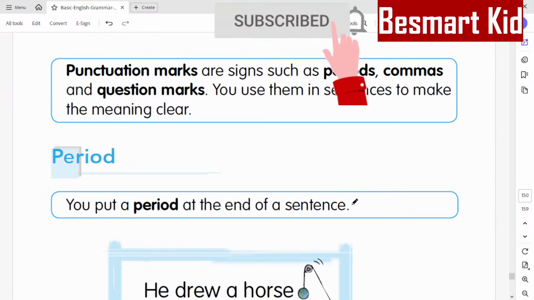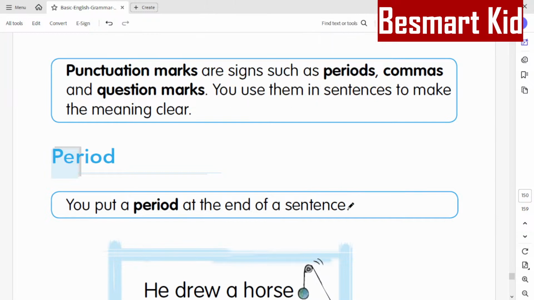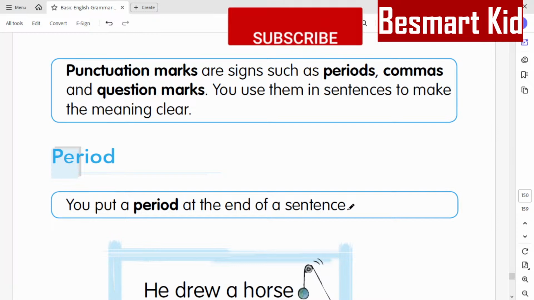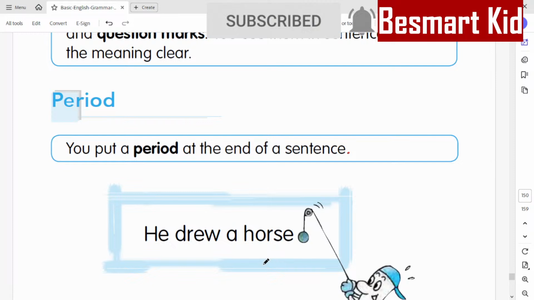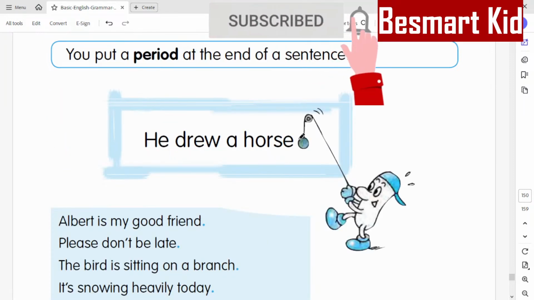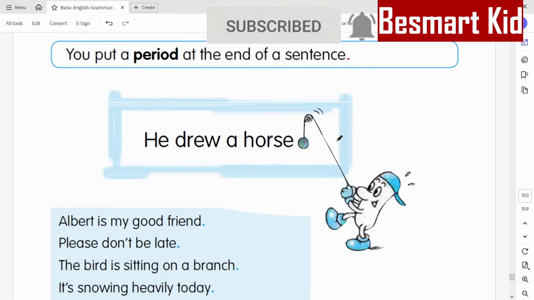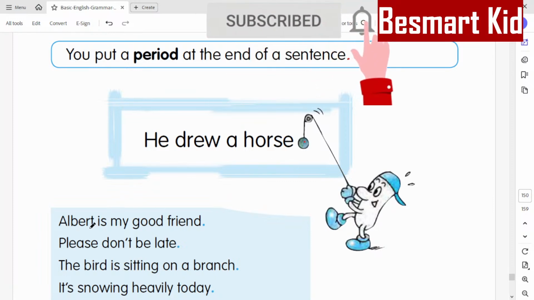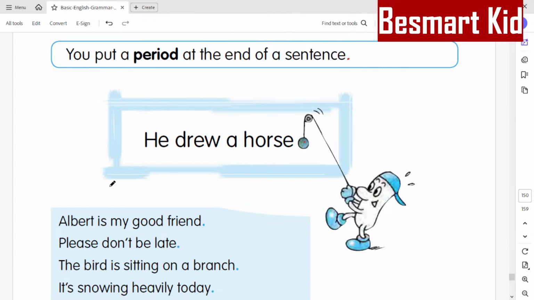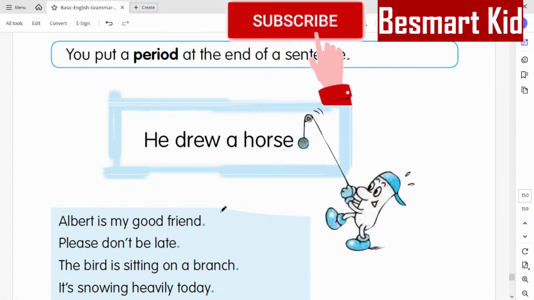For example, here the period is this one here. Or we can say a full stop. He drew a horse. Albert is my good friend.